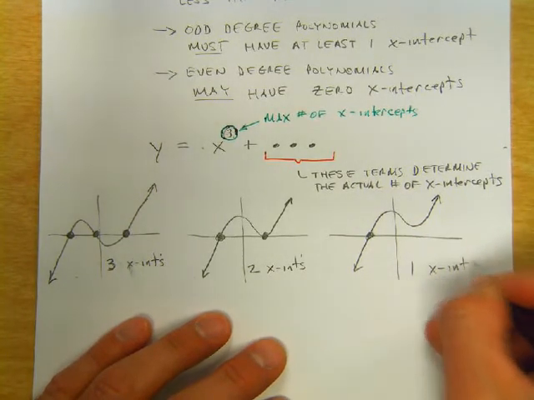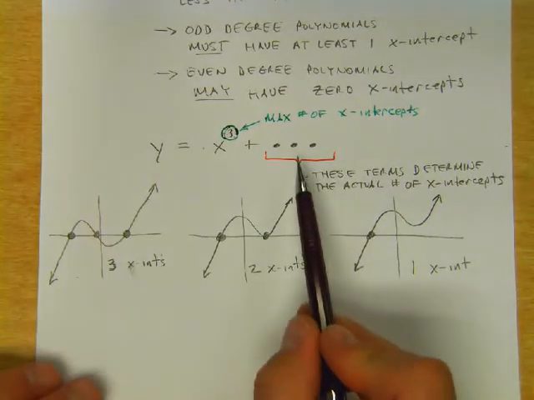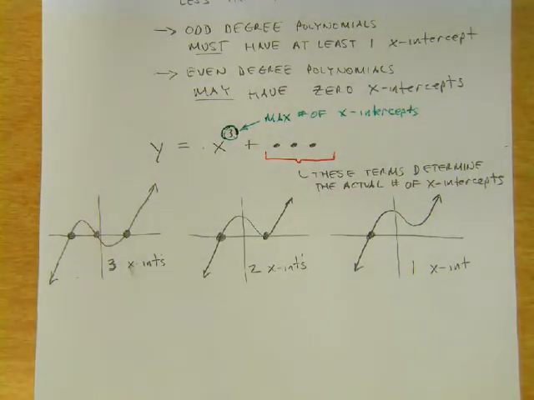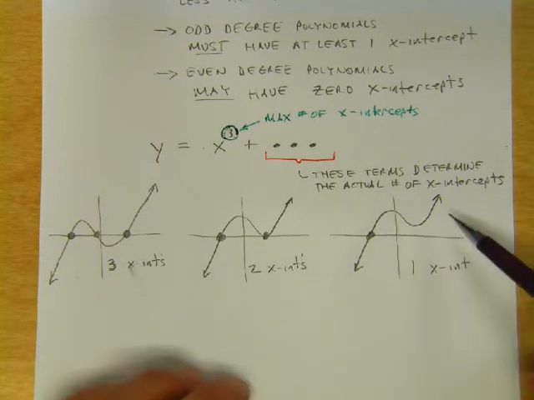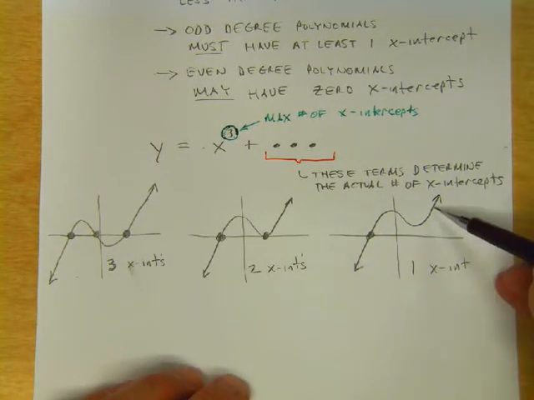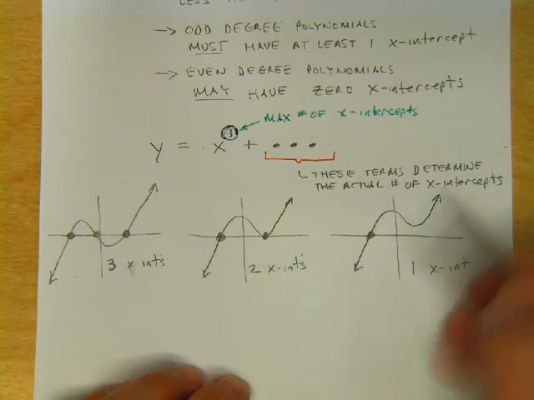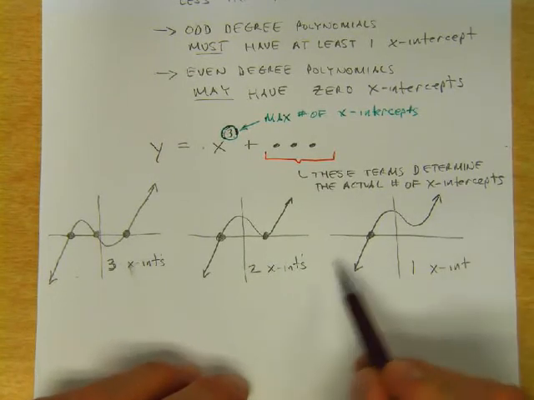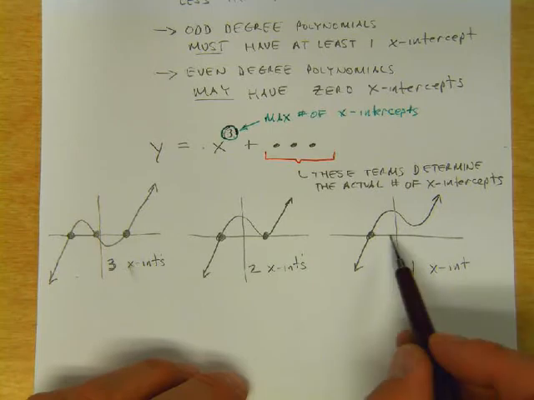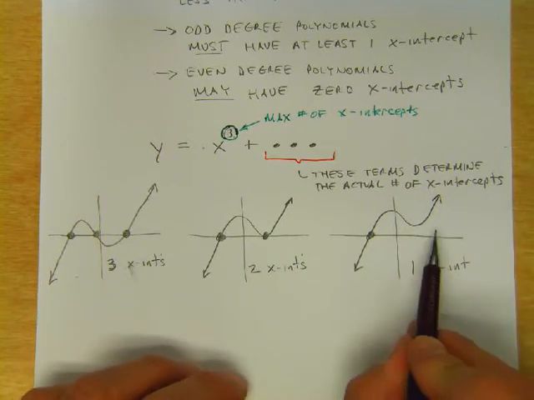So those are all the possibilities. Now if this polynomial is odd, which means we have to have one tail up and one tail down, is it possible for there to be 0 intercepts? No, because it goes infinitely up and infinitely down. It has to cross the x-axis somewhere. Hence, this odd degree rule.